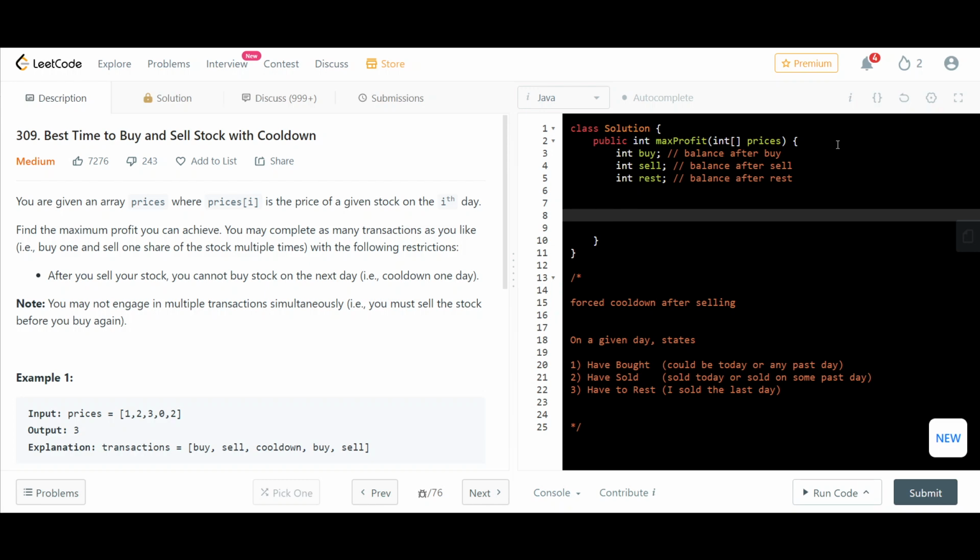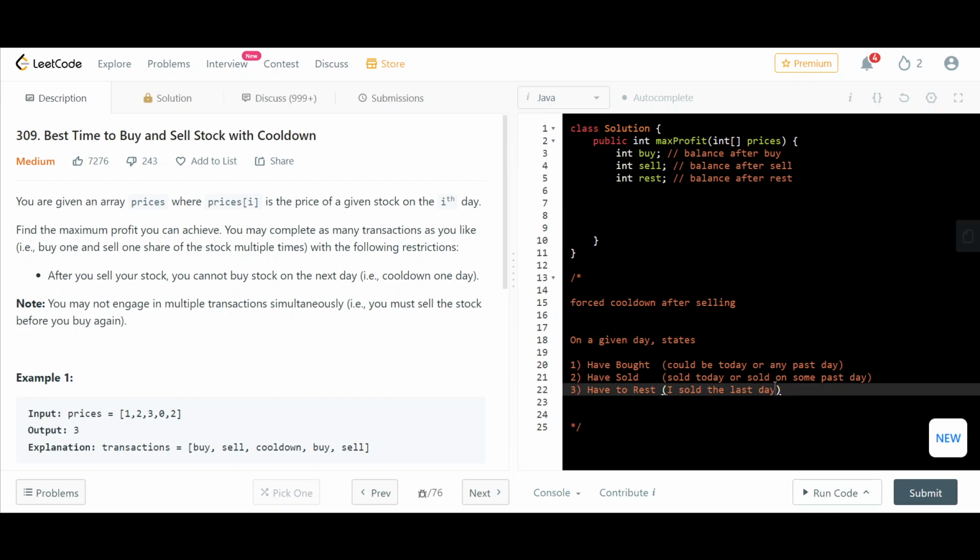When you sell, you add the price on that day to your balance. When you rest, that means whatever was your balance when you last sold, that is your balance today. So not necessarily the last day I sold, and chilling. You have to chill at least for one day.